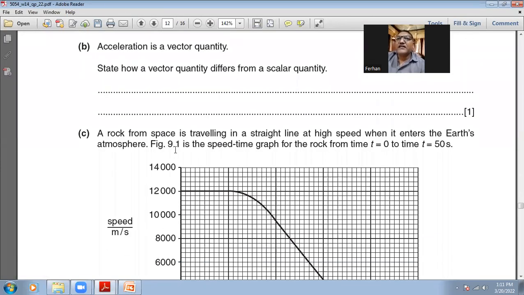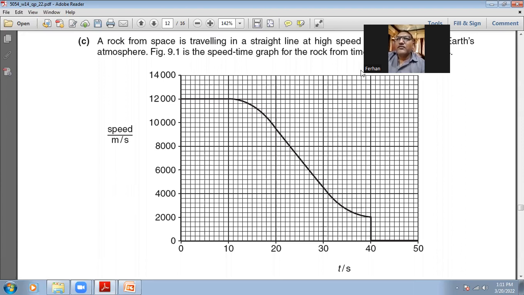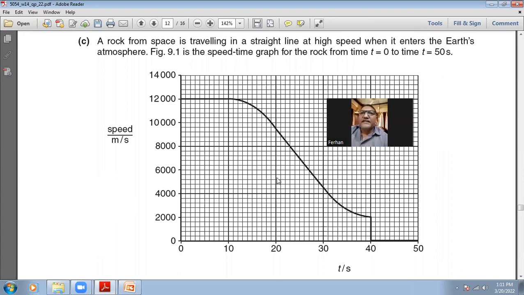Okay, so let's see what's the next question. He says a rock from space is traveling in a straight line at high speed when it enters the Earth's atmosphere. Figure 9.1 is the speed-time graph for the rock for time t = 0 to time 50 seconds. So here you can see the rock is moving with a constant speed up till 10 seconds.